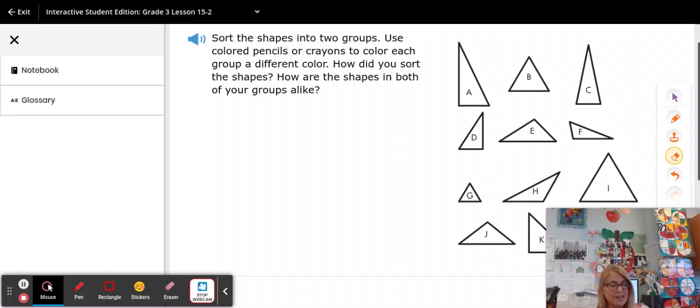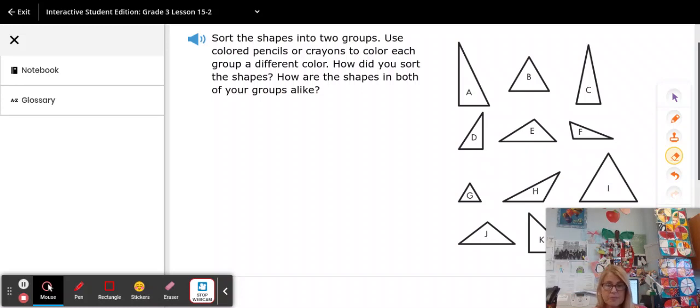And then a parallelogram has four sides and the opposite sides are parallel. So a rectangle is also a parallelogram, a square is too, and then there's the parallelogram with angles that aren't right angles.